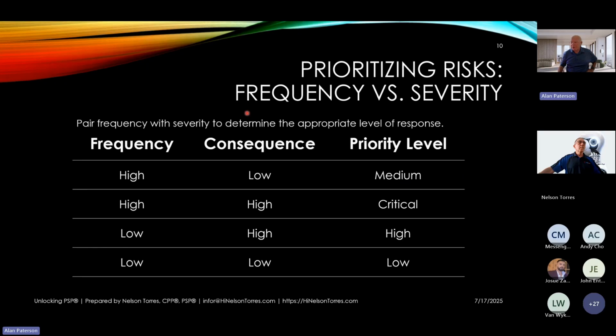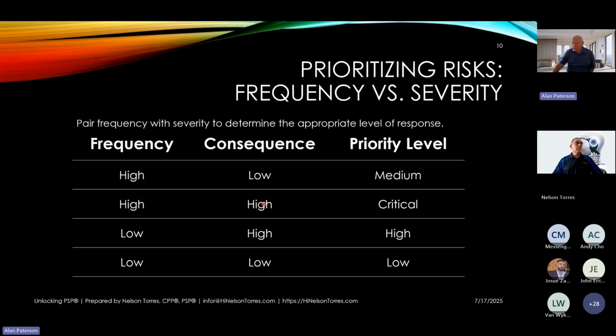So let's now look at prioritizing risks, frequency versus severity. So frequency high, consequence low, the priority level is medium. This is just an example matrix for countermeasures.